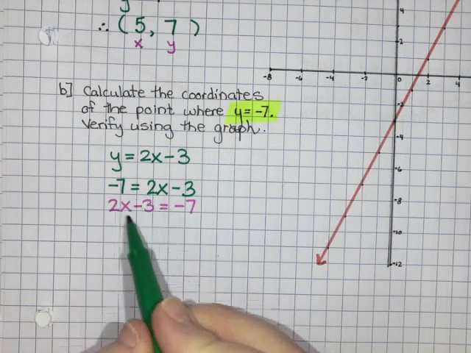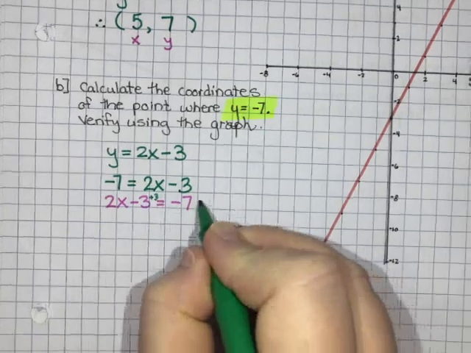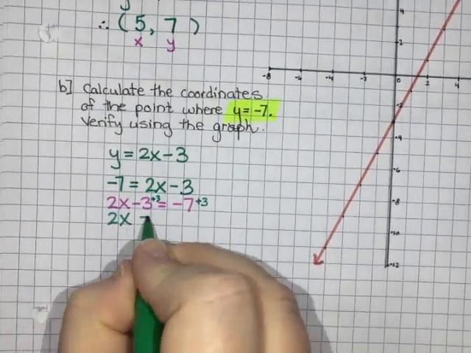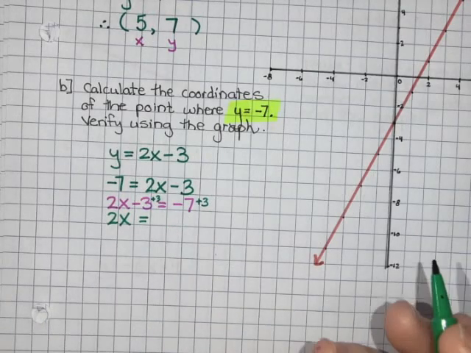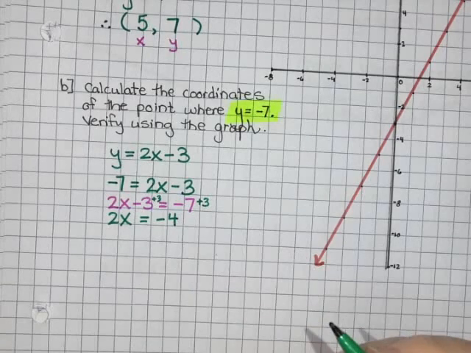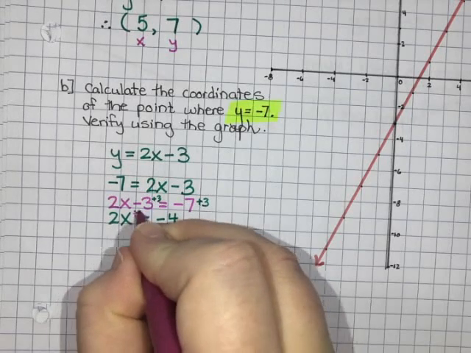So I have multiplication and subtraction. I'm going to cancel out the subtraction of 3 by adding 3 to both sides. So I get 2x equals -7 plus 3, which is -4. You can use your calculator to help you with that if you need to. Then I'm going to cancel out this multiply by 2 by dividing by 2.